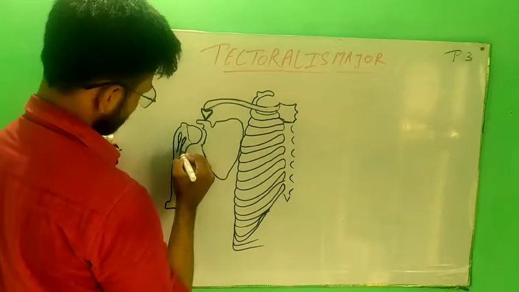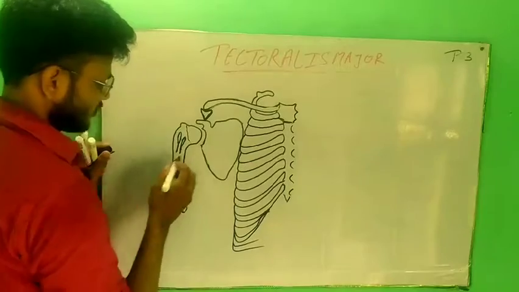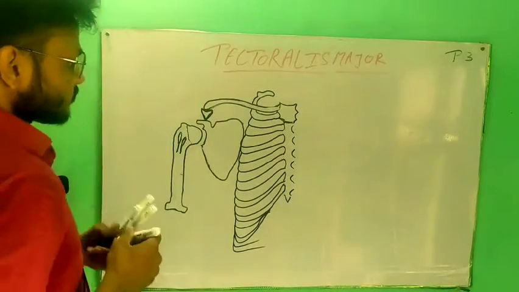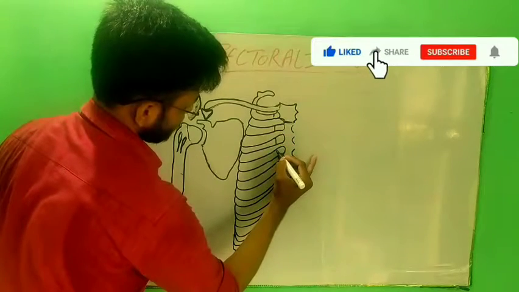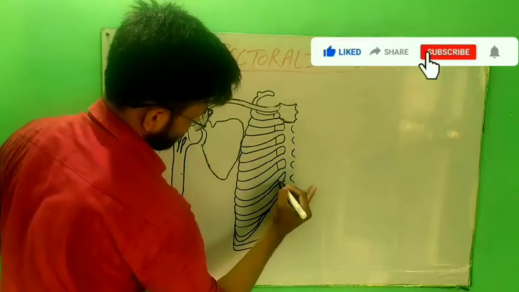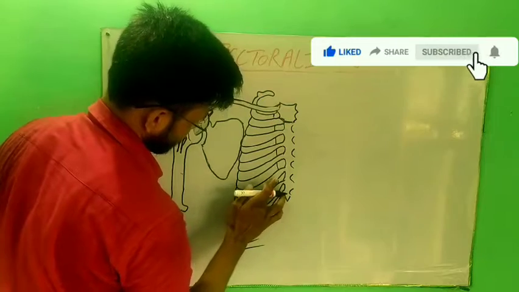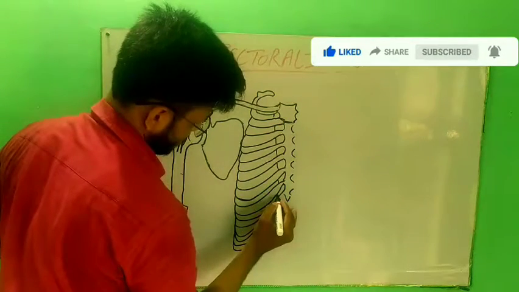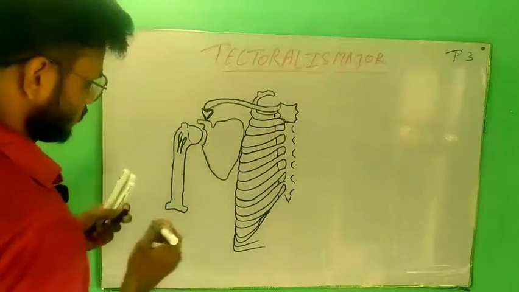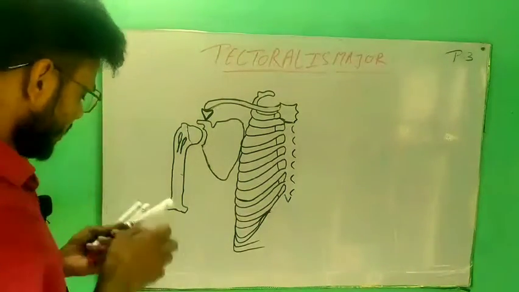This is the lesser tubercle. This is the medial lip of the lesser tubercle. These are the costochondral junctions of the ribs, or we can say costals.